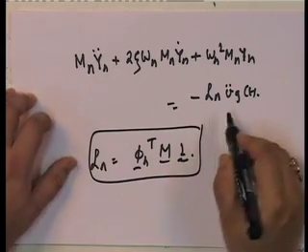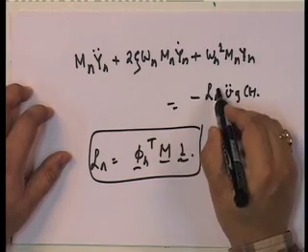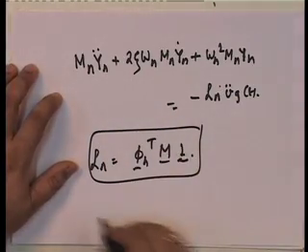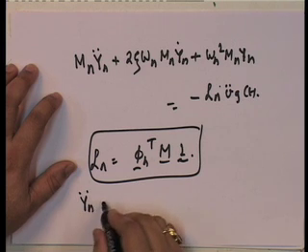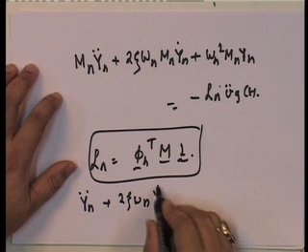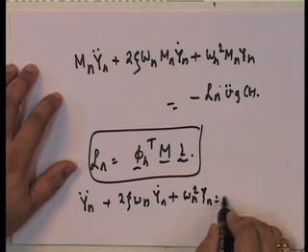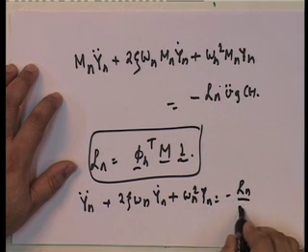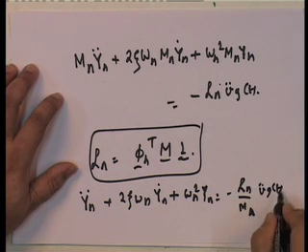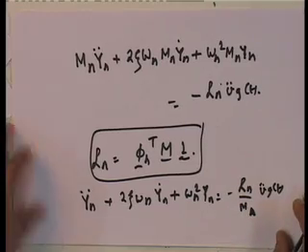Okay. So, if you look at this, this is identical to the single degree of freedom, excepting that there is a term. So, if I rewrite this, this becomes y n double dot plus 2 xi omega n y n dot plus omega n squared y n is equal to minus Ln upon m n V g double dot. Okay. And what is this Ln upon m n?